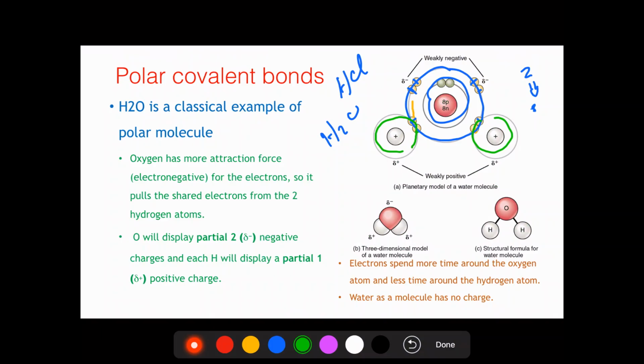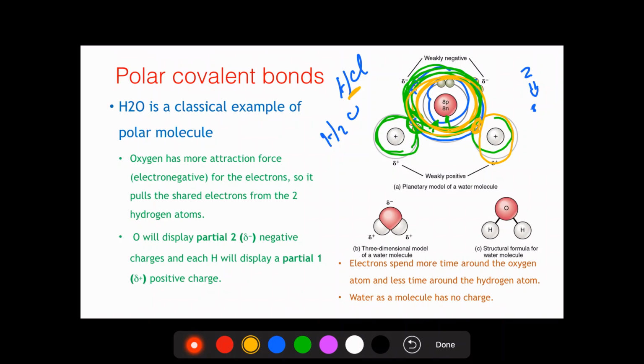The thing is, because of the attraction forces between the oxygen and the hydrogen, the difference is much more toward the oxygen. This pair of electrons will spend more time around the oxygen and less time around the hydrogen. The same thing for this pair of electrons, exactly as we saw with the HCl.